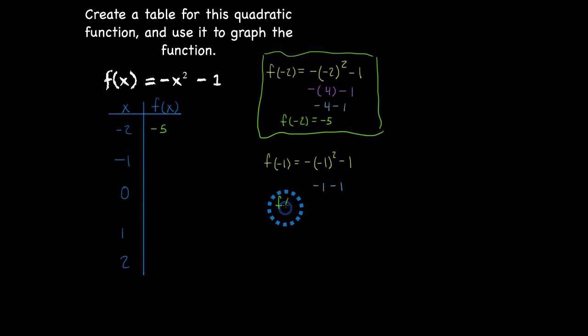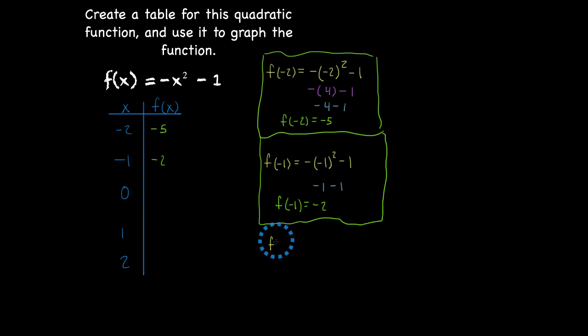So f of negative 1 is equal to negative 1 take away 1 is negative 2. So when x is negative 1, our f of negative 1 is negative 2. And I forgot to box that up, so let's go ahead and just border that off.